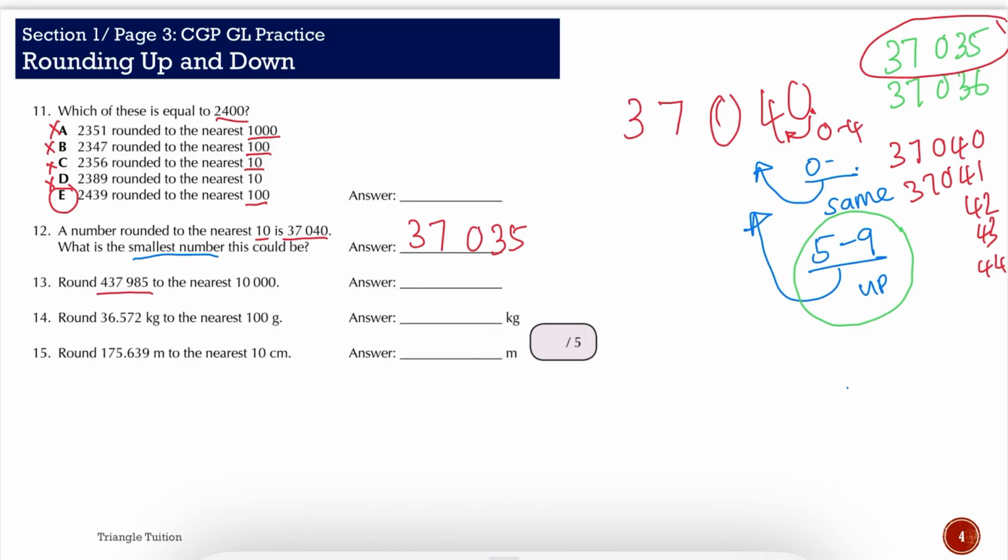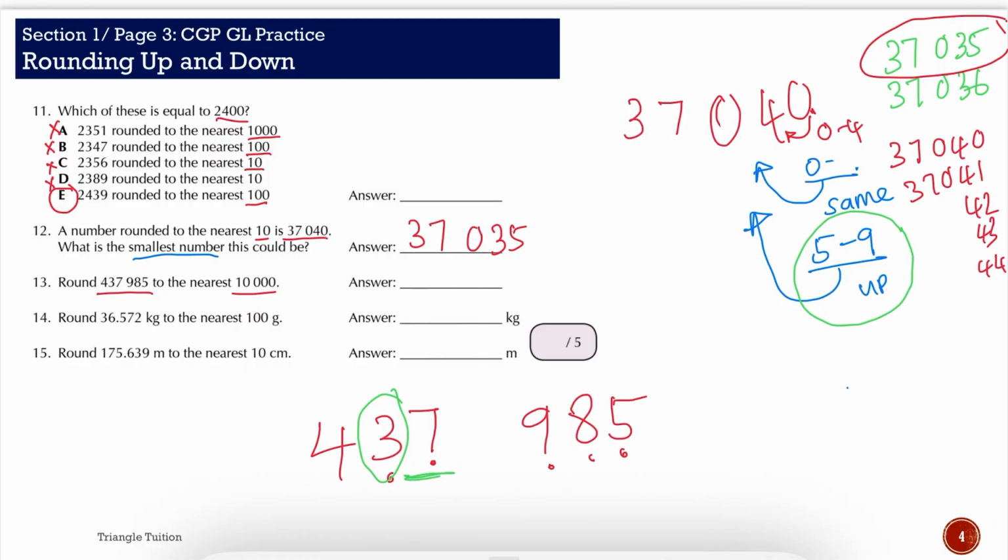Now let's move to the next question. We have this number, we need to round to the nearest 10,000. The number here is 437,985. We need to round to the nearest 10,000. So this is ones, tens, 100, 1,000, 10,000. Step number 1: circle the place value.